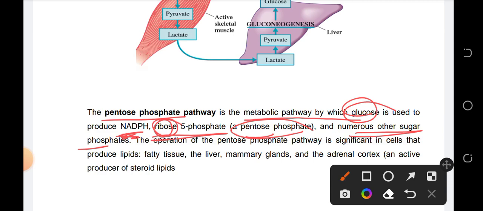Okay, so this operation of phosphate pathway is significant in cell that produce the lipids and fatty tissues and other bodily functions.